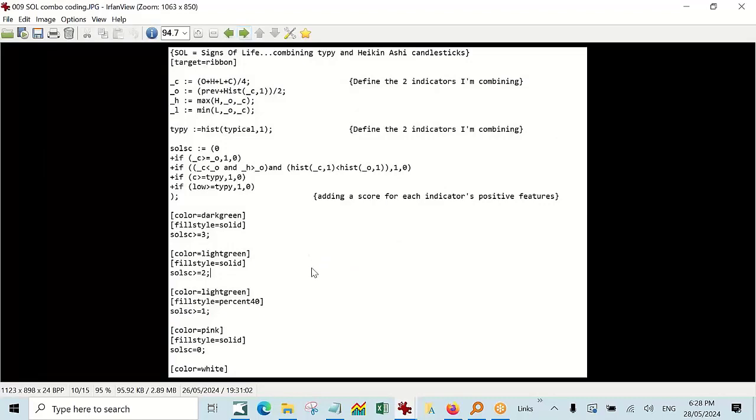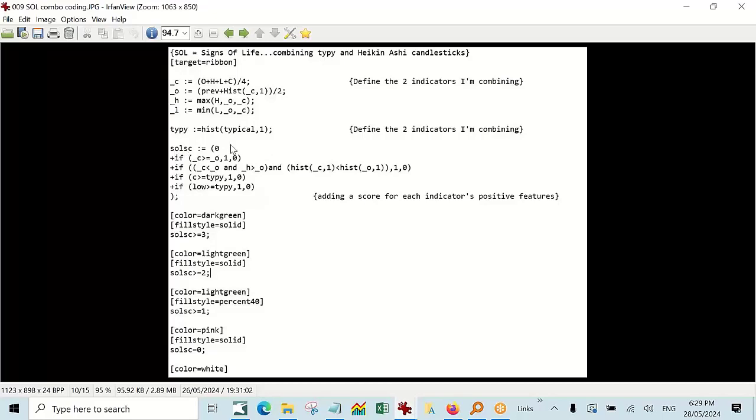Next, this is the formula for the signs of life indicator, where I combine the tippy and the Heikin Ashi. I define both of those indicators I'm combining first of all, here and here, and then I use the BullCharts feature to score them, give each of them a score.